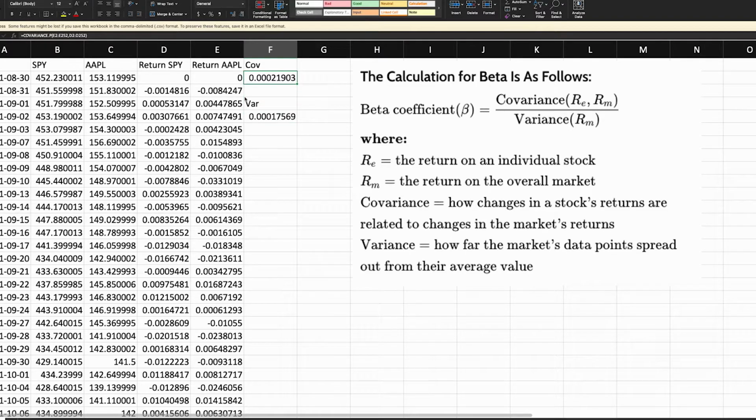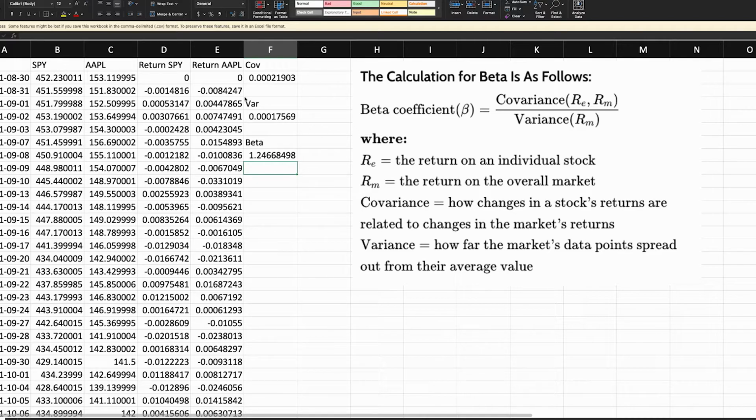So now we have the covariance and the variance. The last thing we need to do is divide covariance by the variance to get the beta for the Apple stock. So beta is equal to covariance divided by variance. Now you get the beta for Apple stock. So apparently, the beta for Apple is 1.25.